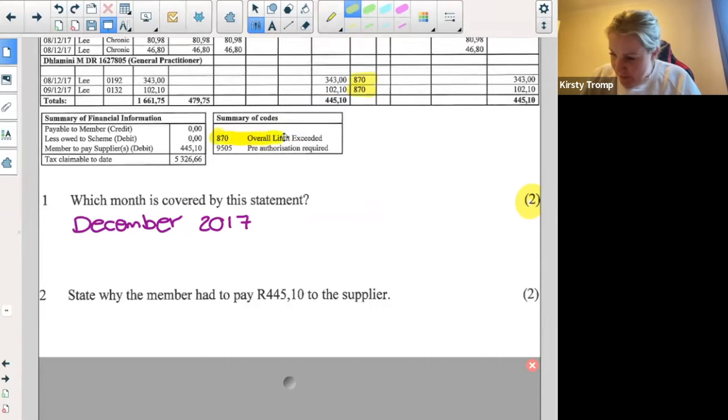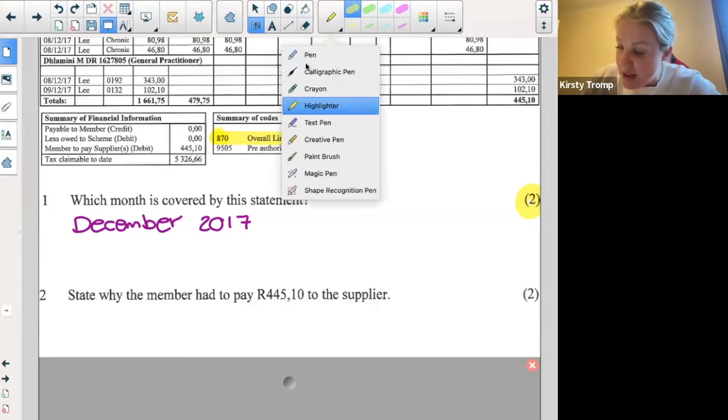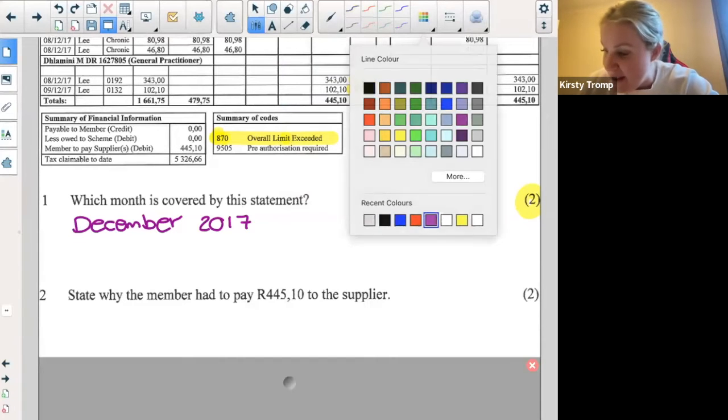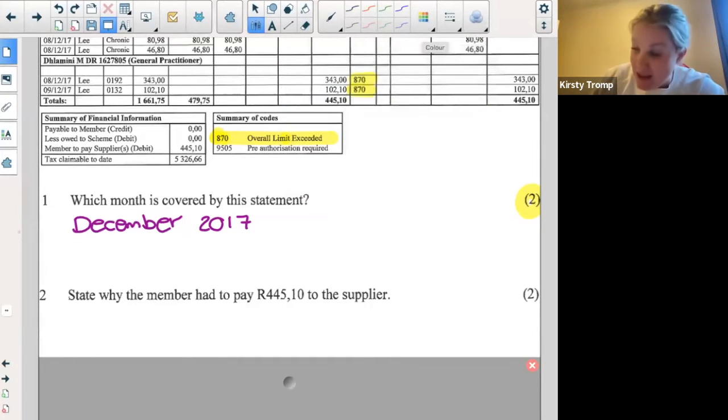We saw that the overall limit was exceeded. So why did the member have to pay that amount to the doctor? The member had to pay that amount to the doctor because they had exceeded their overall amounts. So state why the member had to pay that to the supplier.